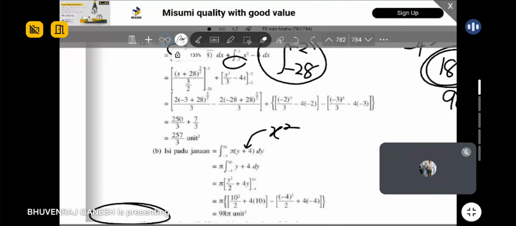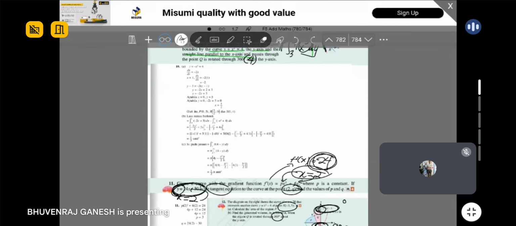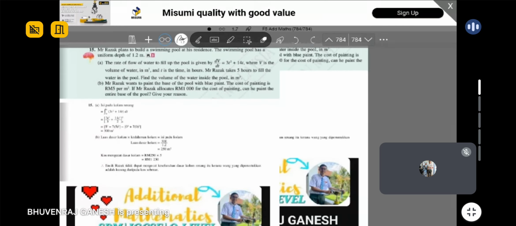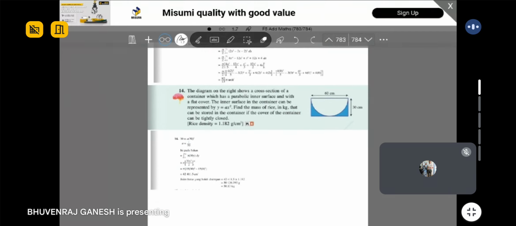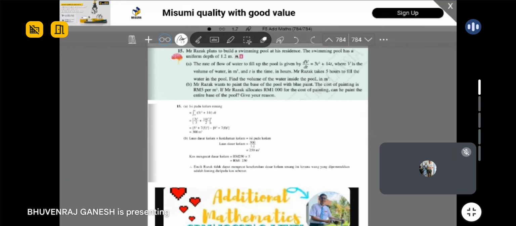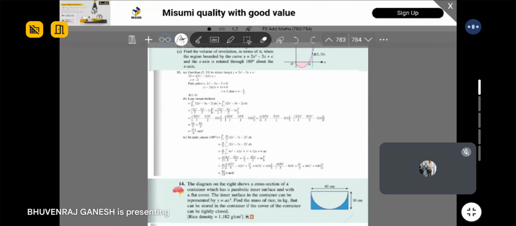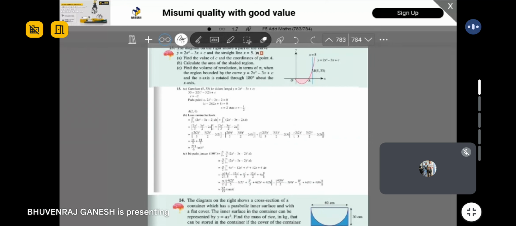Clear, huh? Okay, so I think that's all lah for today. Okay, the rest of the questions, only got 3 more, 3 sahaja, so you can go through these 3. Okay, I will share in the group also the last 3 questions. I think it's quite easy also, not that hard. All right, so do you all understand, guys, today's lesson?